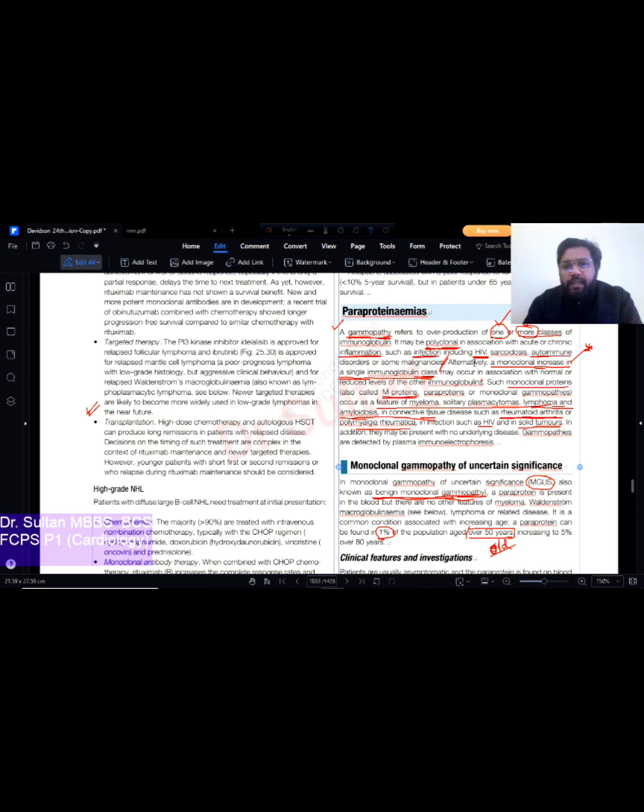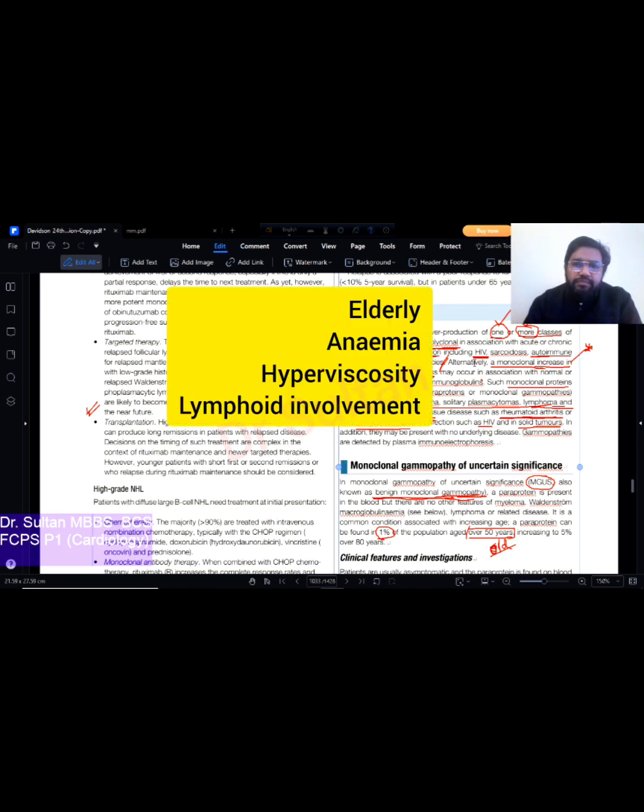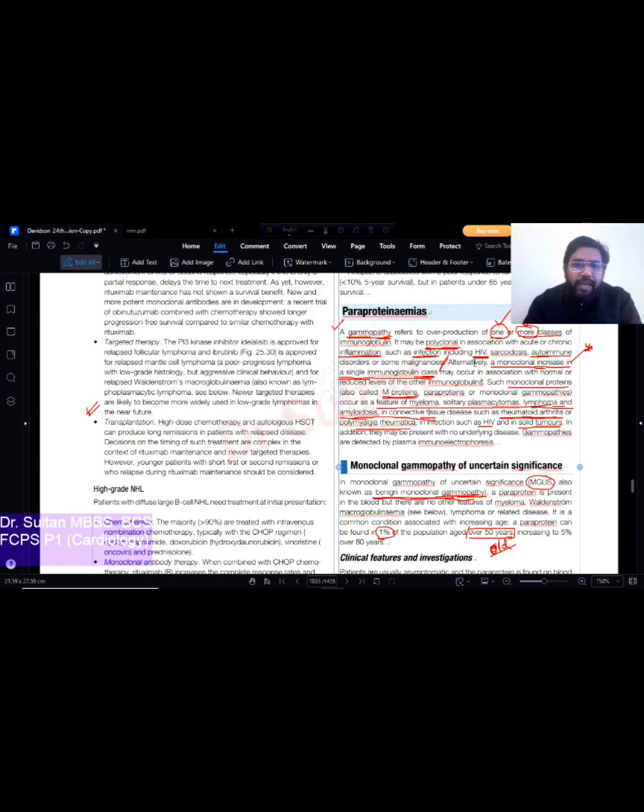If an elderly person presents with you with anemia, features of anemia, features of hyperviscosity, but he's having lymphoid involvement, like lymphadenopathy, splenomegaly, so in this case you'll have to think about Waldenstrom macroglobulinemia.